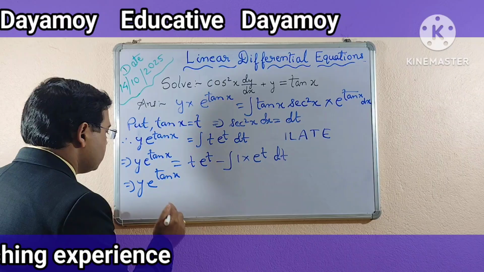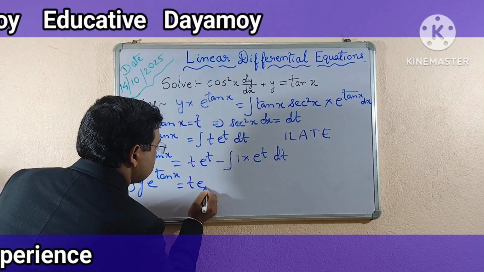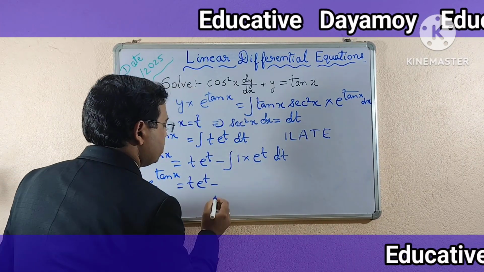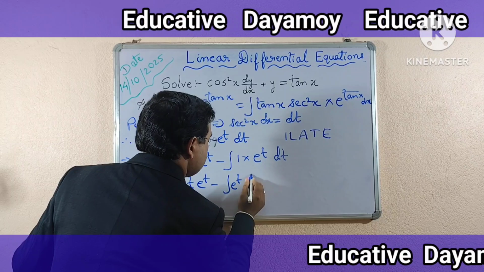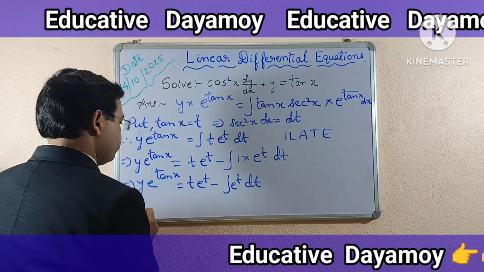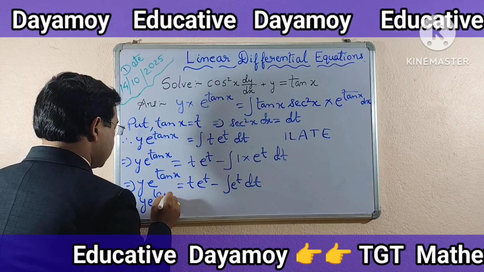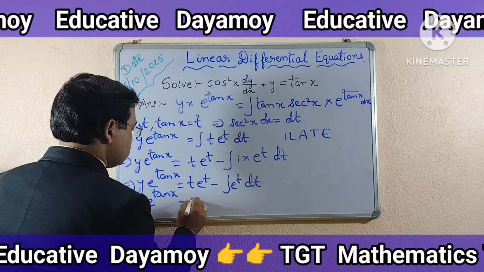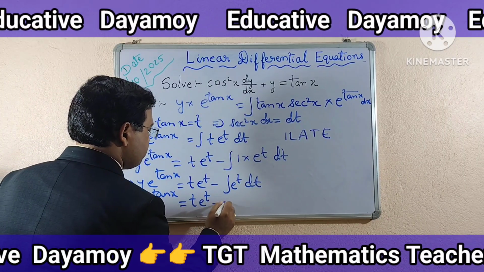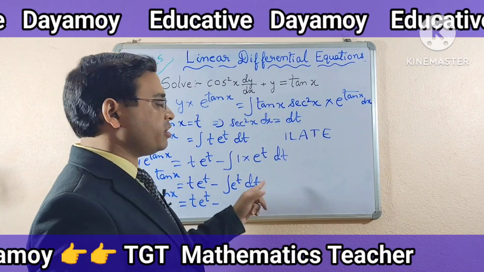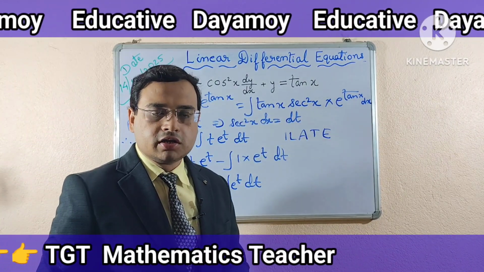So it equals t e to the power t minus, now integration of e to the power t dt, which means e to the power t.